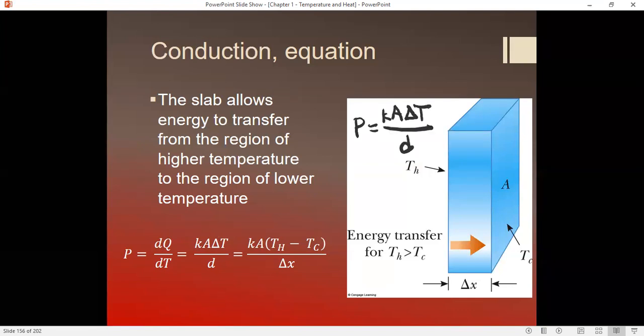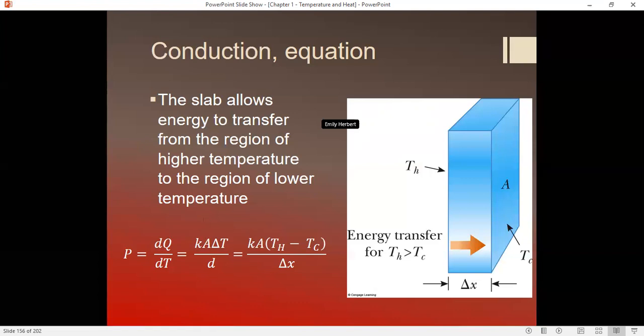So what this tells me is, if I want to conduct heat very, very quickly, okay, I want a good thermal conductivity. I want lots of surface area to do this. I want a large change in temperature between the hot surface and the cold surface. And I don't want a very thick material. In many cases, I want to hamper the transfer of heat flow, okay?